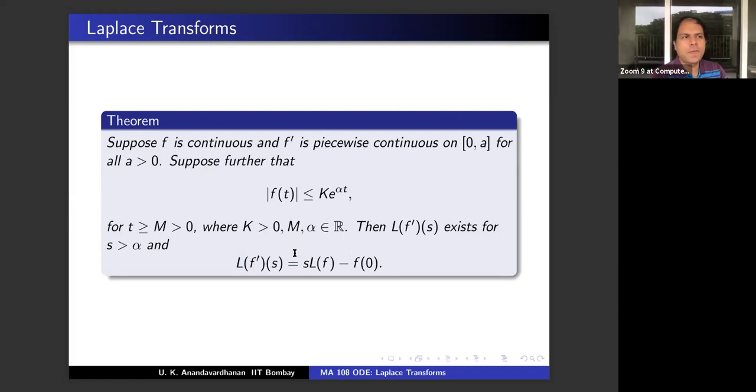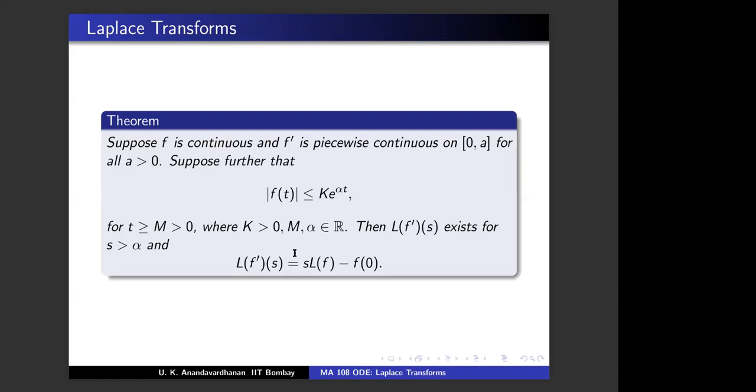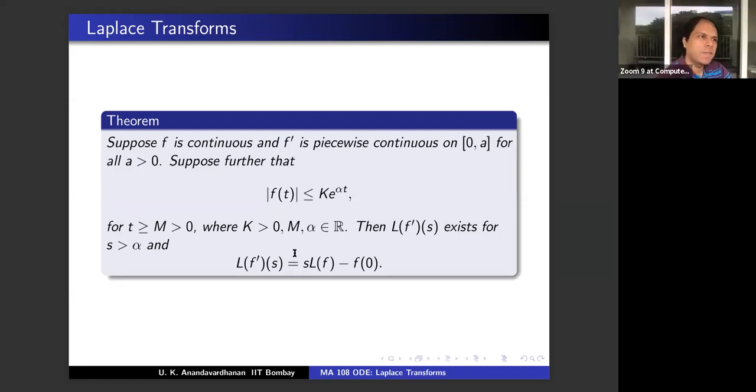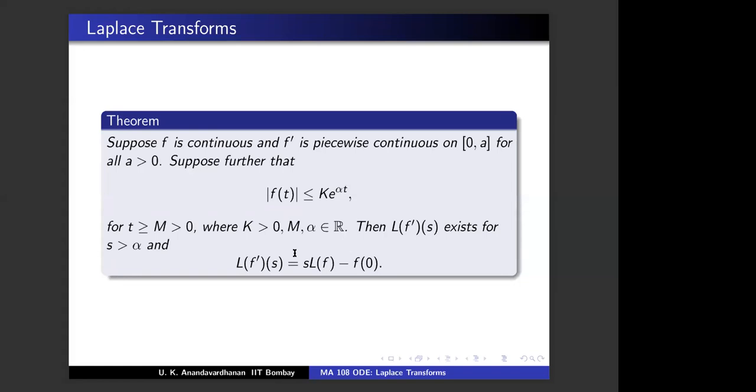Now, can you think of a function which is of exponential order, but whose derivative is not? What is the only function which we have described which is not of exponential order? E to power t square. Now, can you think of a function where in the derivative e power t square will come, but in the function it doesn't create a problem? Sine of e to power t square.